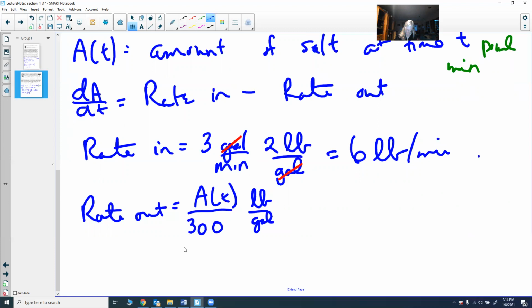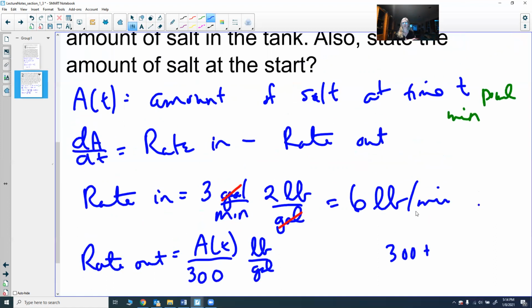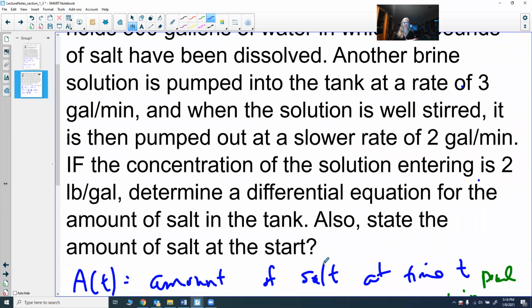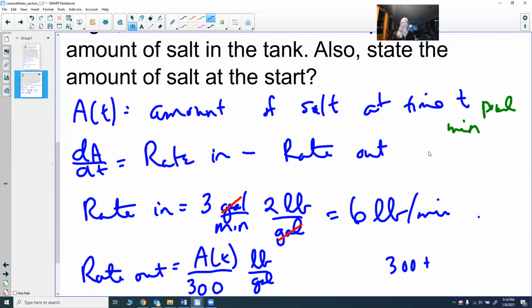But again, that's not exactly how much is in there. That's not exactly how much is changing. So we have to look at, we started with 300. We're putting in 3 gallons per minute, and we're taking out 2. So we're actually adding 1 gallon per minute.